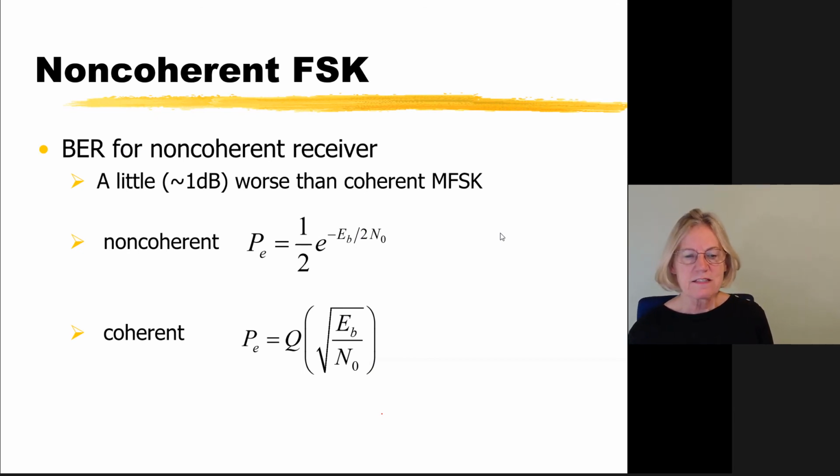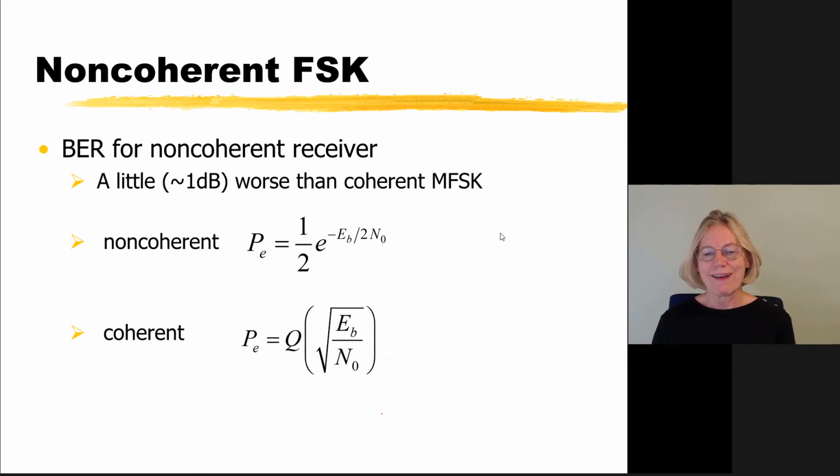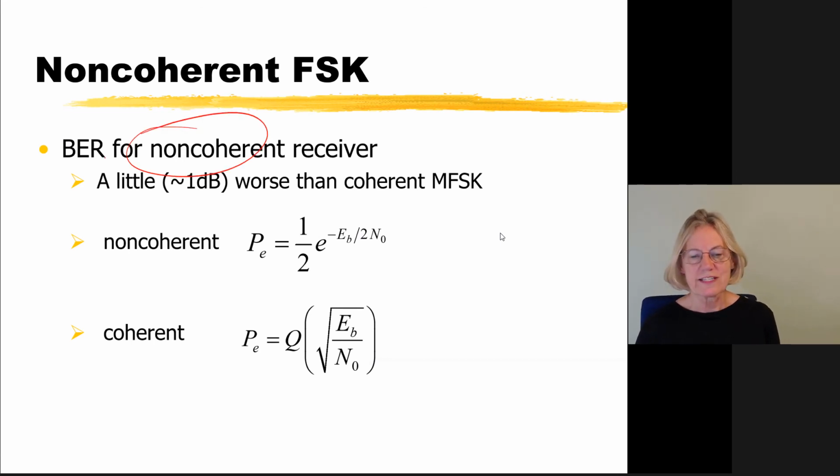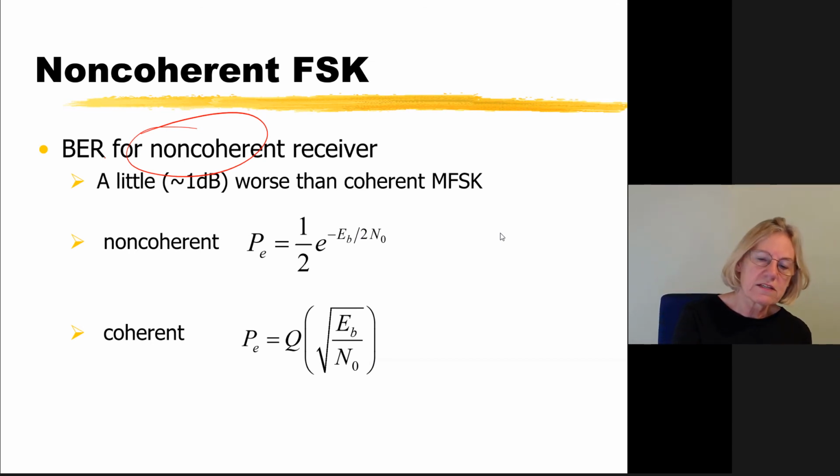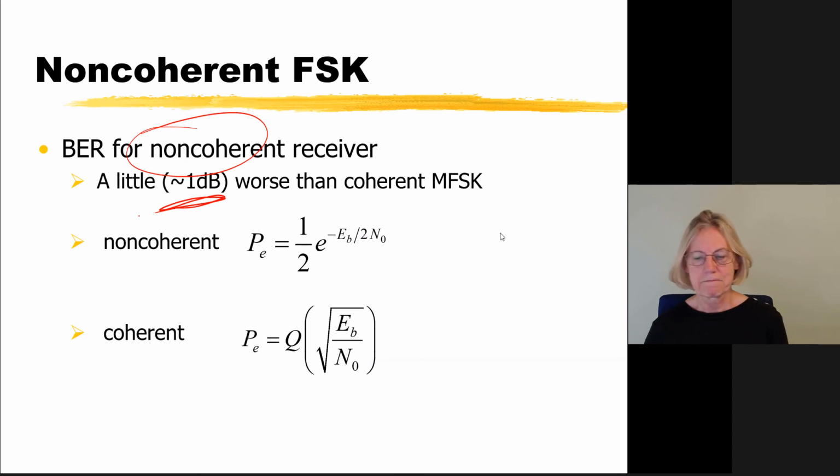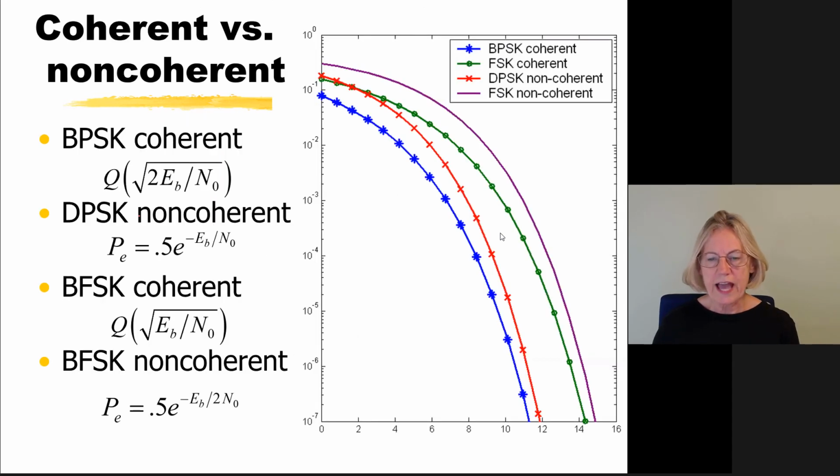And that is that there's about a 1 dB penalty when we use non-coherent reception for the binary case compared to when we use coherent detection. And again, we get a very simple, inexpensive receiver when we use this non-coherent reception, and the penalty is very moderate, just 1 dB.